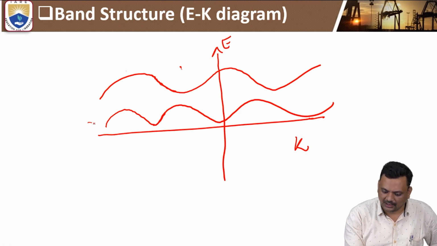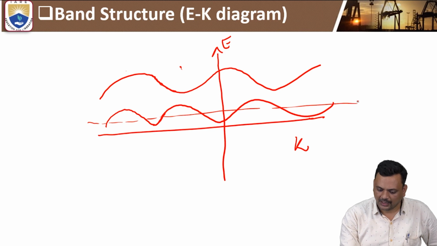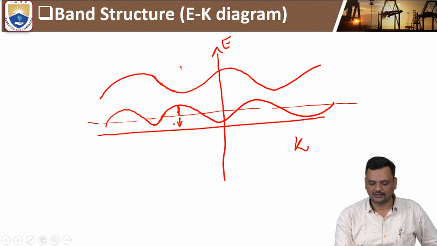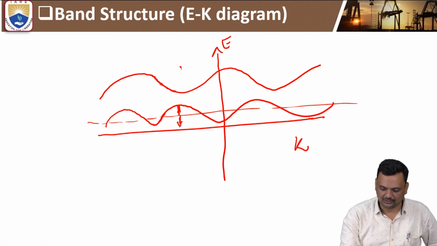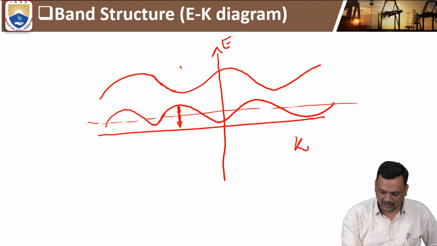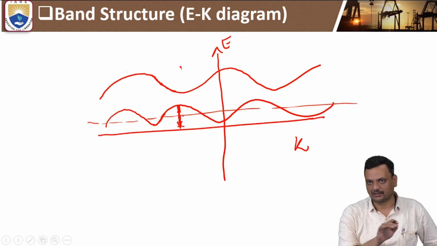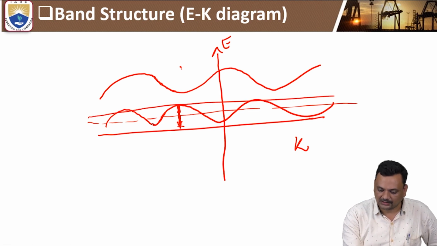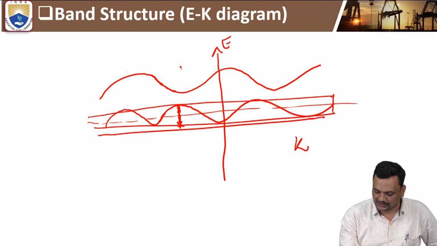So actually this is a wave. In one direction this is the amplitude, in the opposite direction this is the amplitude. So whatever the maximum total displacement considering both directions, these are considered as allowed energy states.